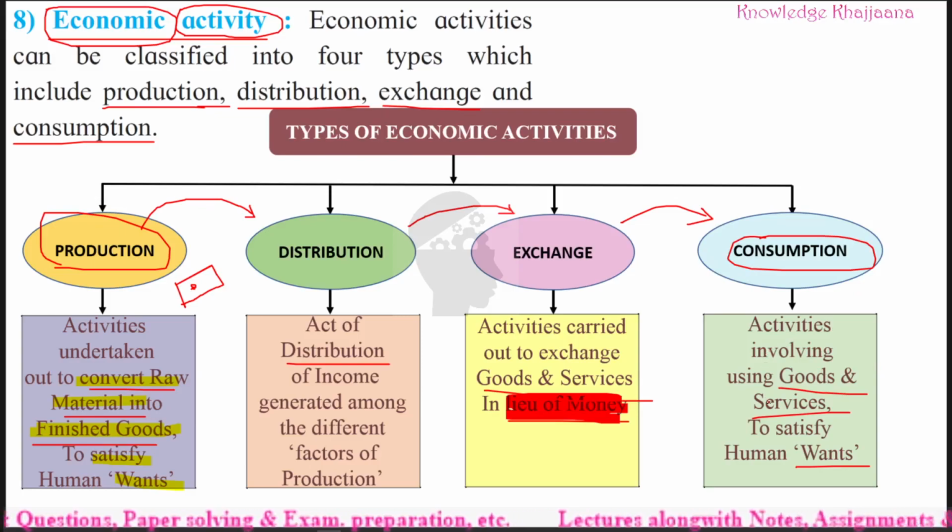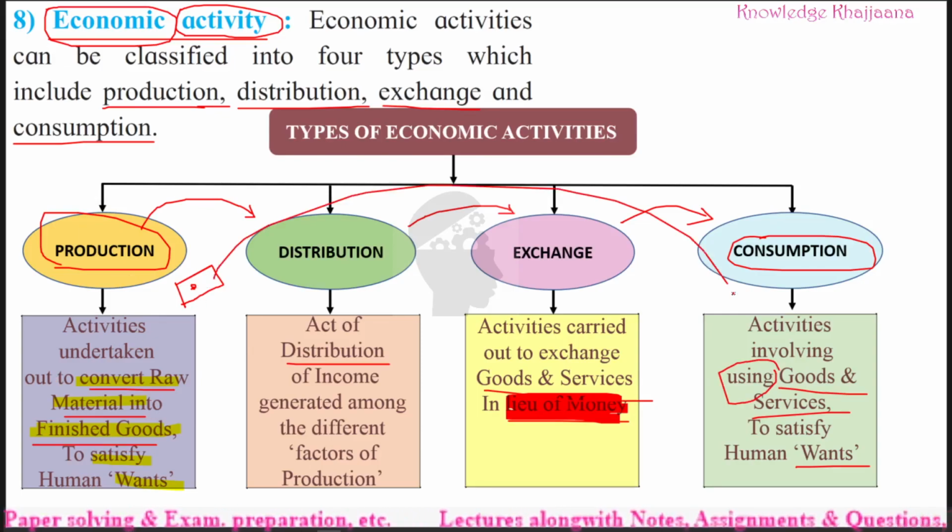Activities involving using. You purchase the biscuit made from the raw materials, but only when the biscuit is eaten by the consumer is the utility hidden in the biscuit actually used. Then that's called the last phase, that is consumption, because it has to go through the different phases, that is distribution, then exchange, then consumption.